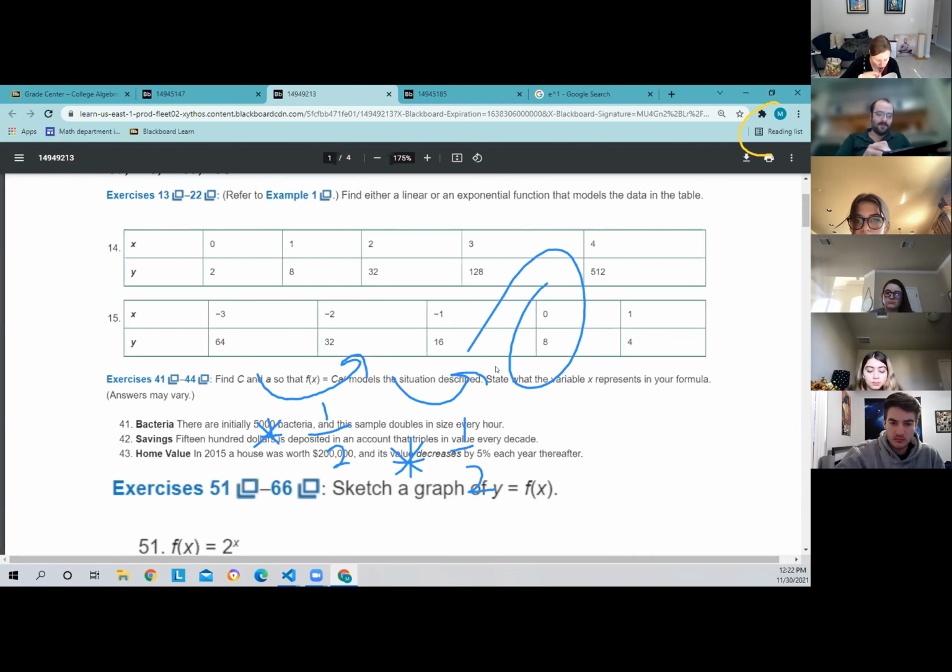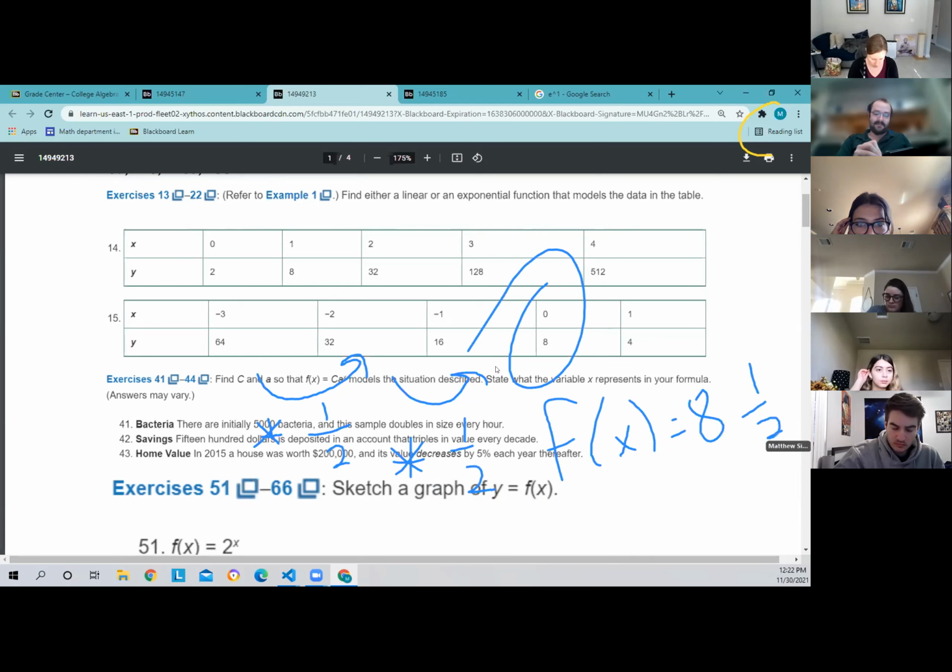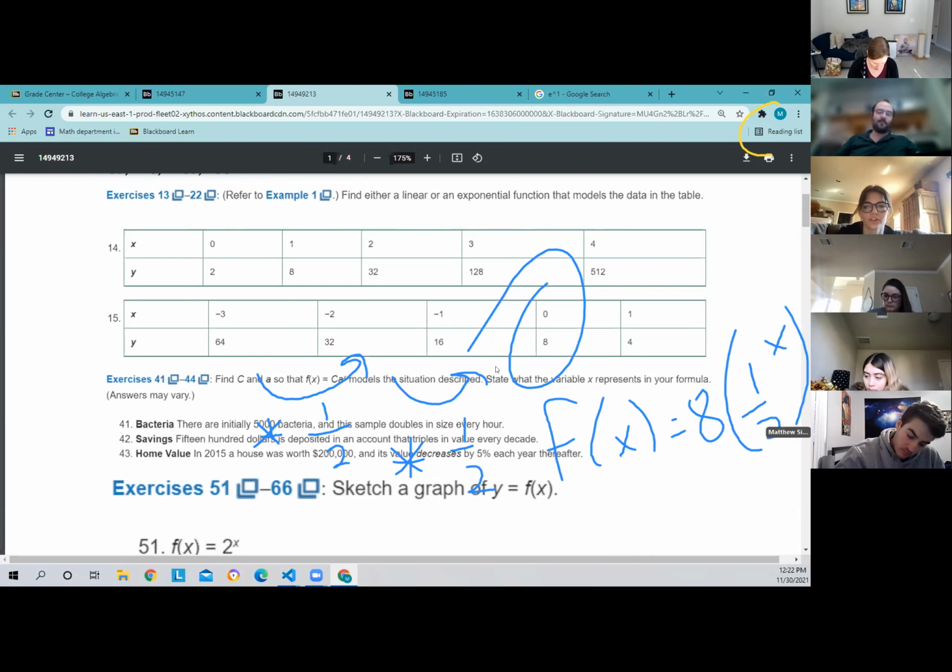And so what is my formula here? f of x equals 8 times half to the x, right? That's it. c a to the x. So f of x equals 8 times 1/2 to the x power.